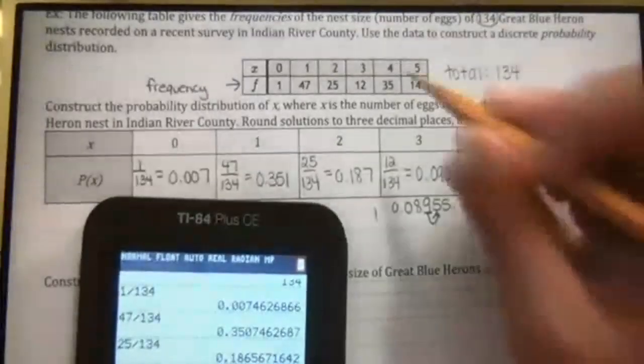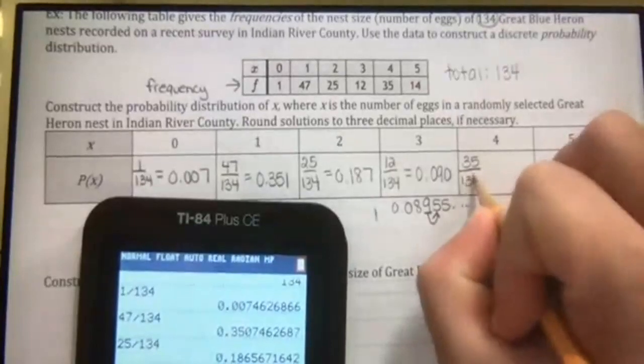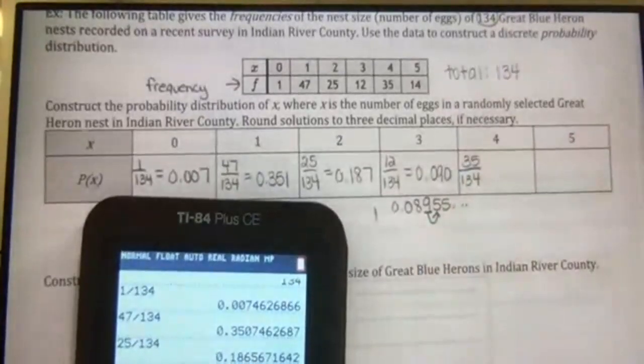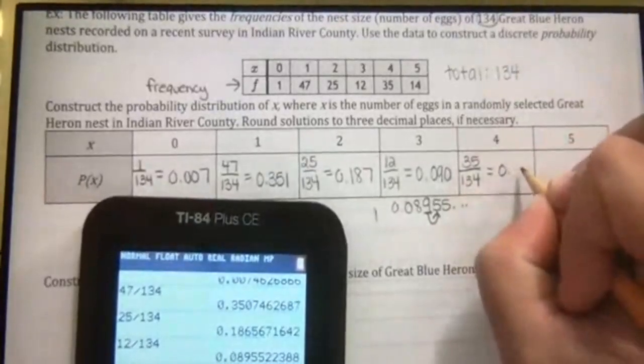So for 4, we have 35 nests with 4 eggs. So 35 out of 134 will give us 0.261.